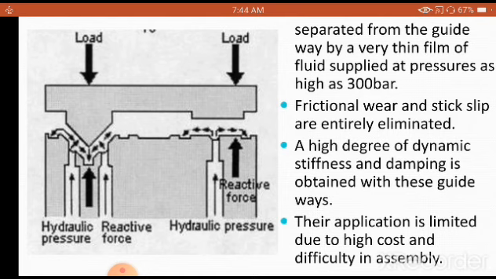One idea here: their application is limited due to high cost and difficulty in assembly. This is one of the major drawbacks you can consider. Though it is possible to prevent the stick slip phenomenon and avoid friction and heat generation, as there is no direct contact, and the load is coming directly on the oil pumped between the stationary element and the moving element, the friction is almost zero and no stick slip is there.